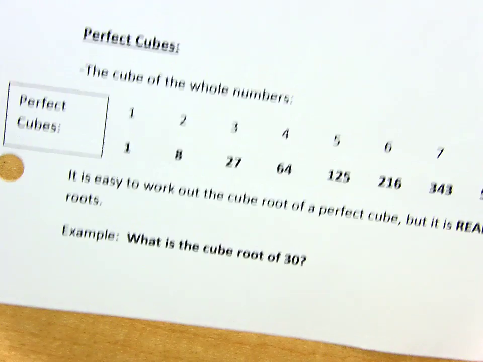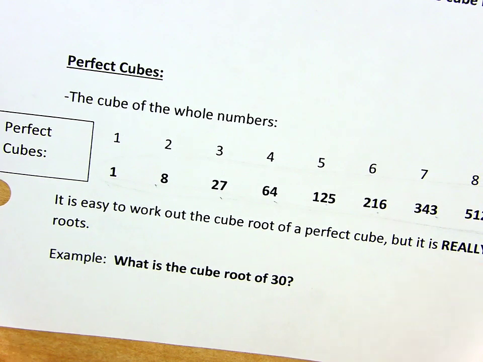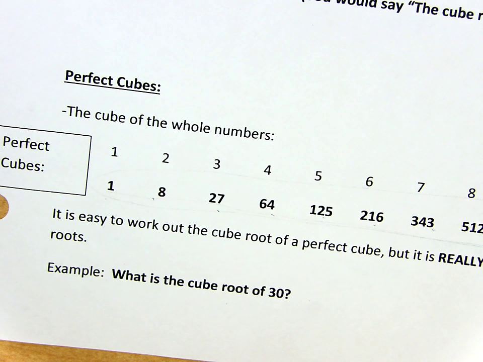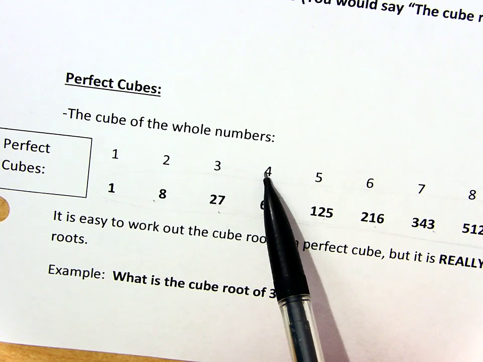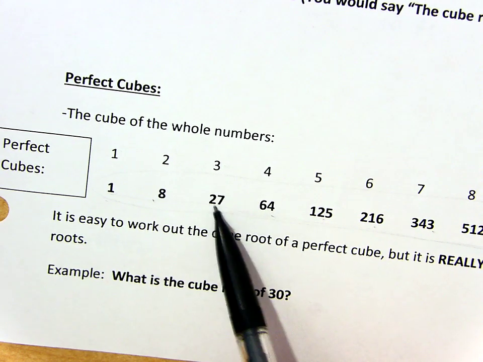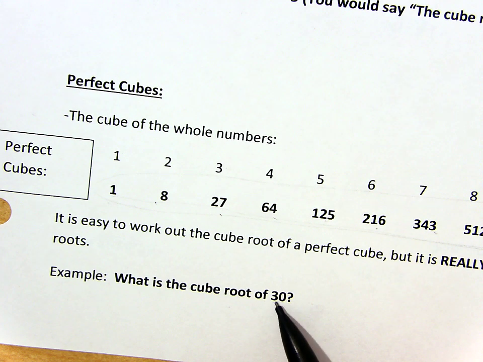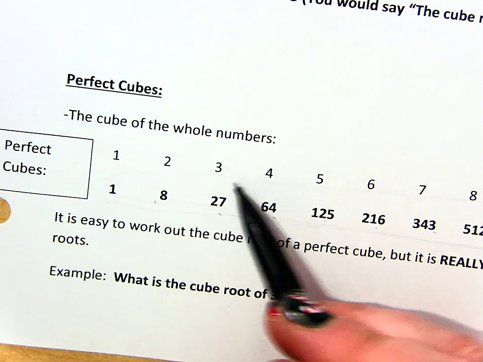The cube root of 30. So if I'm trying to estimate that to the nearest tenth, let's say, cube root of 30. Well, between what two numbers would it have to fall? It's got to fall between 3 and 4. Because 30 is in between 27 and 64. So it makes sense that the cube root of 30, even though it's not a nice number, it's not a perfect cube, it's going to be 3 point something.